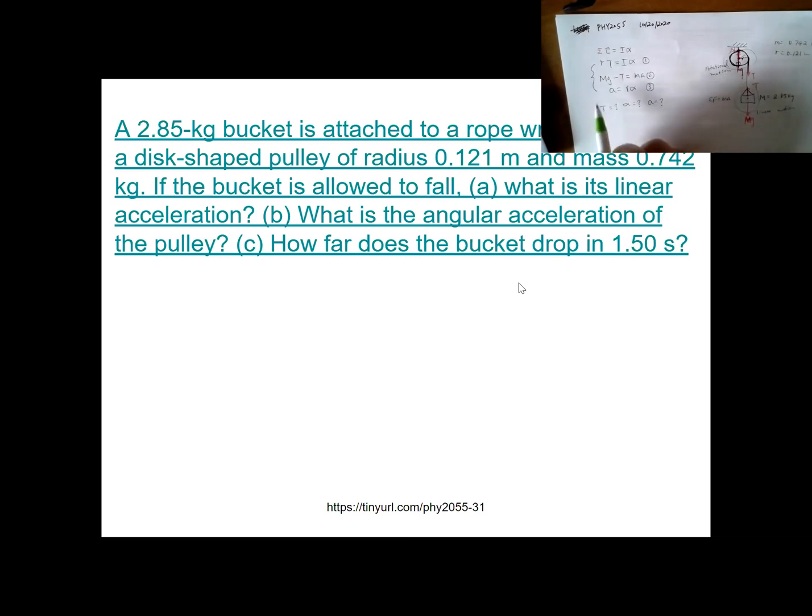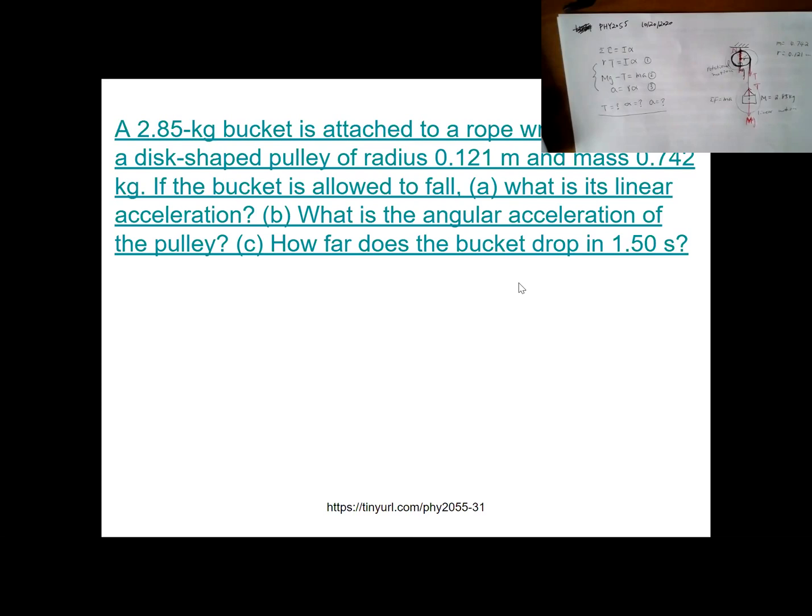The rest, the R, you know it, the capital M, you know it, g, you know it, small m, you know it. So the rest of the quantities here are known. With 3 equations and 3 unknowns, you should be able to solve for all of them. Then basically you can have A and B: the linear acceleration will be a, and the angular acceleration will be alpha.